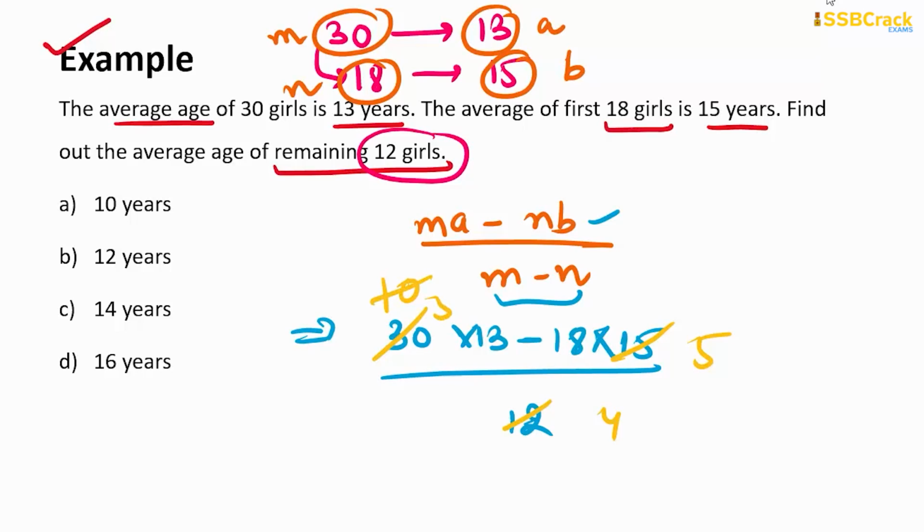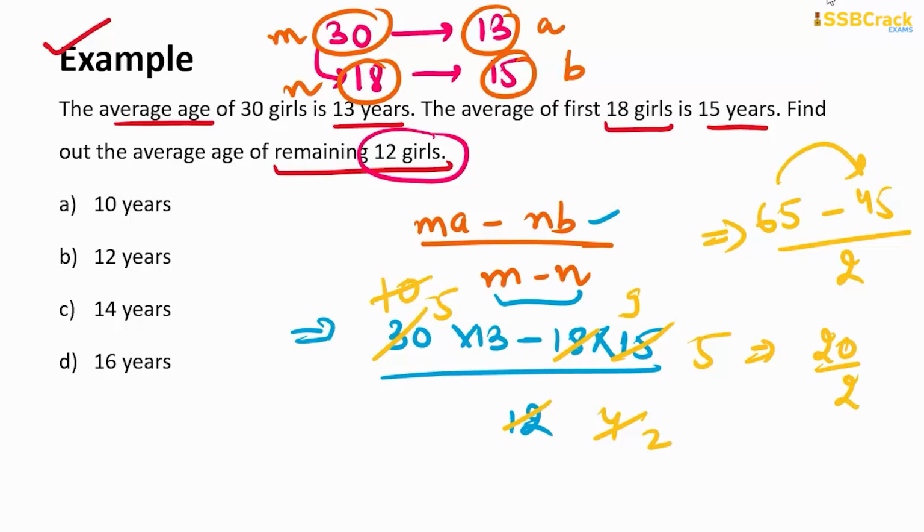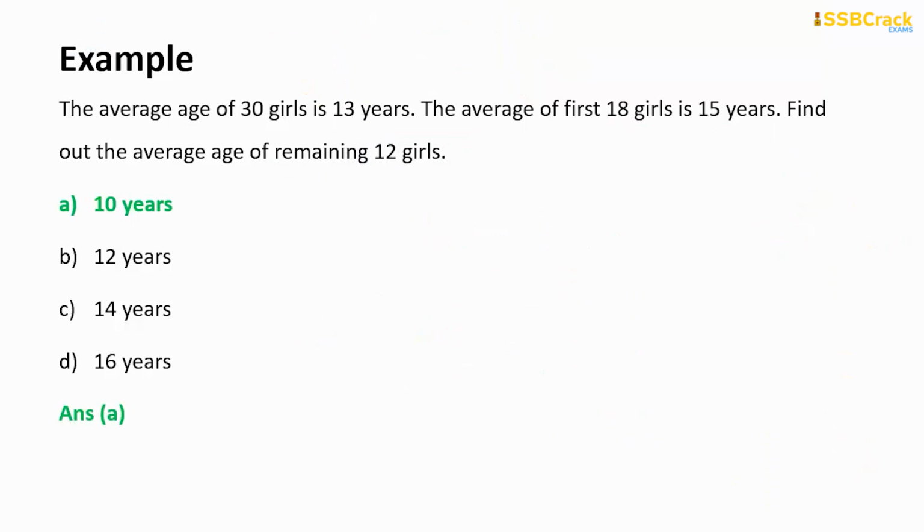Now 2 5s are 10, 2 9s are 18 and 2 2s are 4, right? So 13 5s are 65 minus 9 5s are 45, divided by 2. So 65 minus 45 will be 20 by 2, that is 10 years, right? So the average age of the remaining 12 girls will be 10 years. That is, option A should be the correct answer. Let's check. So yes, option A is correct only.